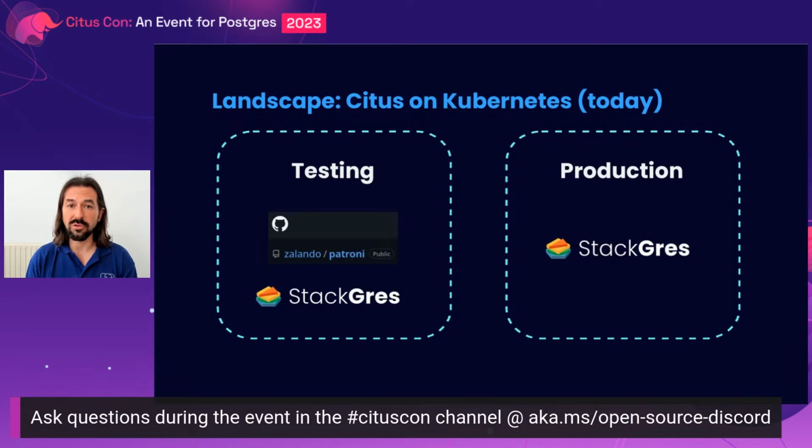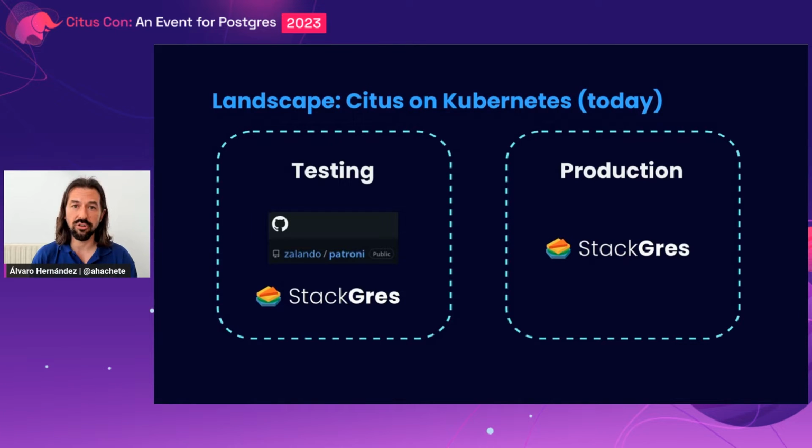For testing environments, there's, I don't know if I would call it official, a Helm chart written by Citus team members as part of the Patroni project. Patroni, the high availability project for Postgres, that is meant for testing purposes, and that's good. You can also use StackGres, this open source project that I mentioned, for testing purposes.